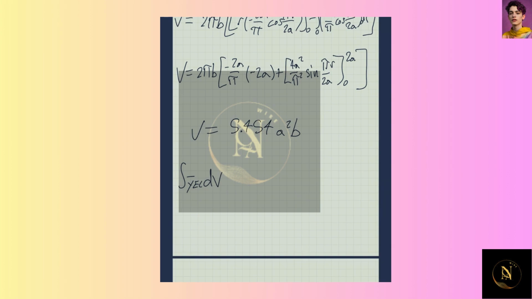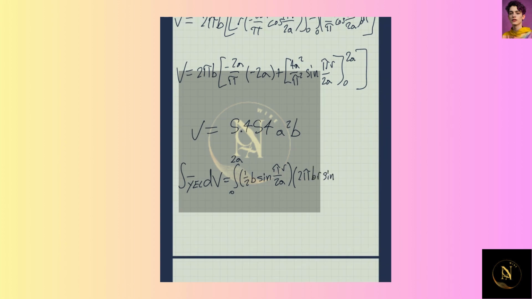And the last part we'll need for our centroid equation will be the integral of the centroid of the differential element, which will also be integrated from 0 to 2a. And we know that the differential element is 1/2 y, and we have an equation for y, the equation of the line, so we can just take 1/2 b sine pi r over 2a.